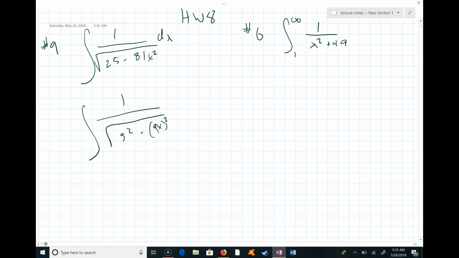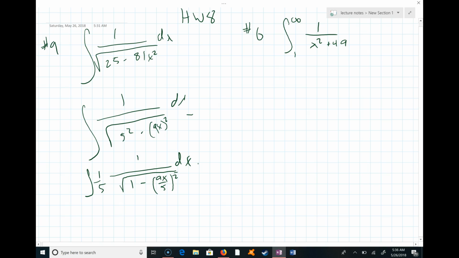So if we factor out the 5 squared, we get 1/5 on the outside, the square root of 1 minus, and then here we're going to have a 9x over 5 squared dx.